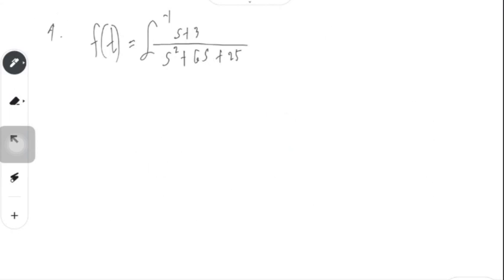Naka-expand na yun eh. So, i-simplify natin, no? Yung numerator, hindi natin gagalawin. Dahil yung denominator, magiging s squared... oo nga eh, hindi lalabas eh.